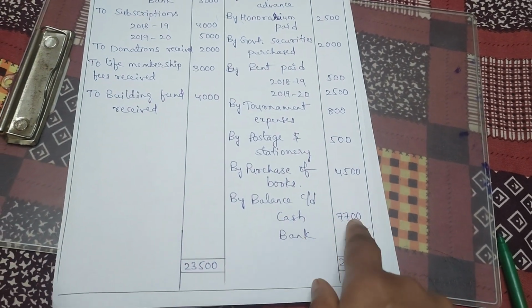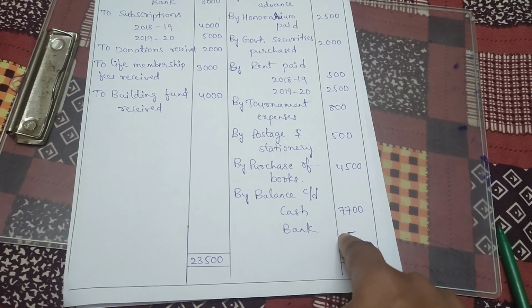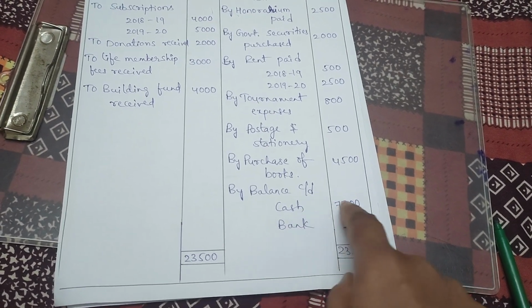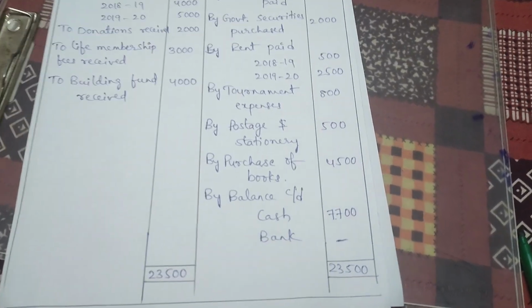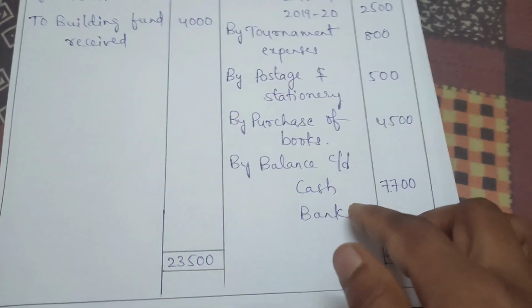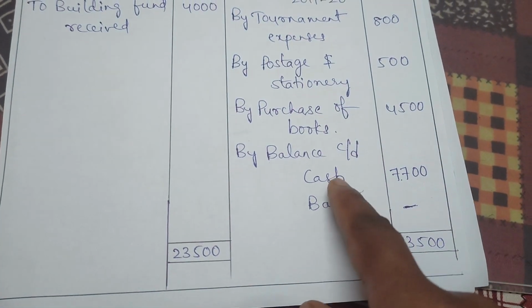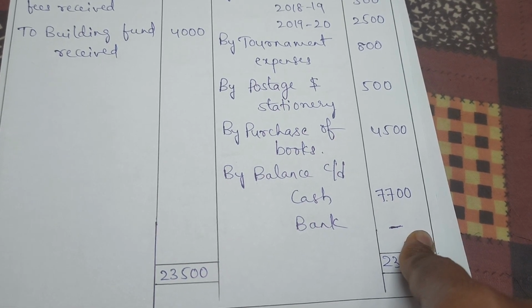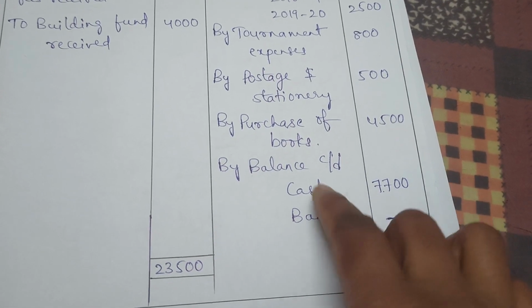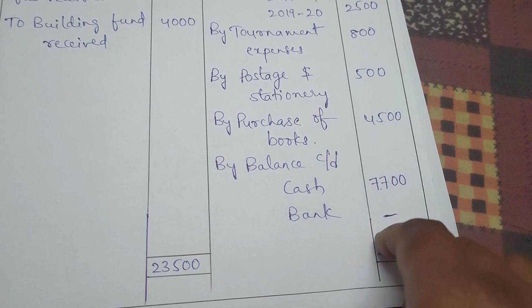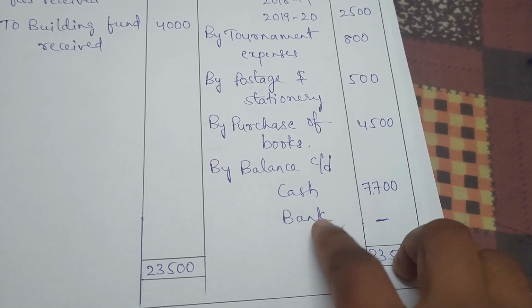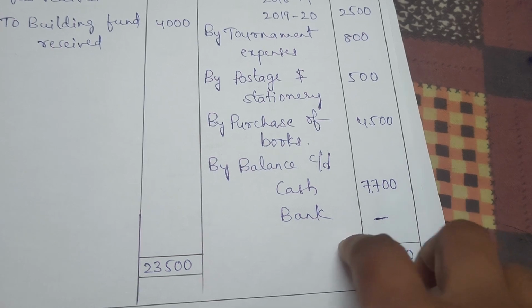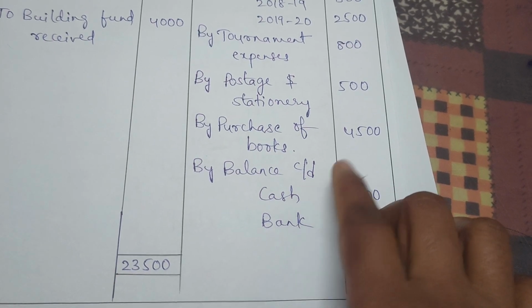7,700 we record for cash. You can record it for bank also, but we will get it for only one item because we can't split it between two items. That is why you can write cash 7,700, and put a dash for the other. In the previous problems, they gave the cash balance, so whatever amount we got here, we recorded for bank. But here they did not give the cash balance.